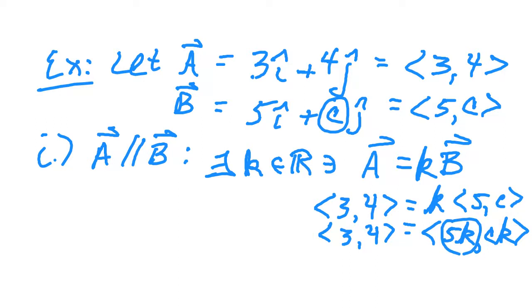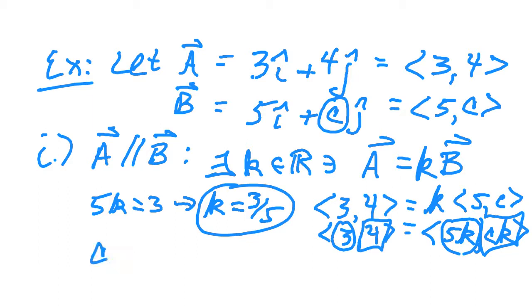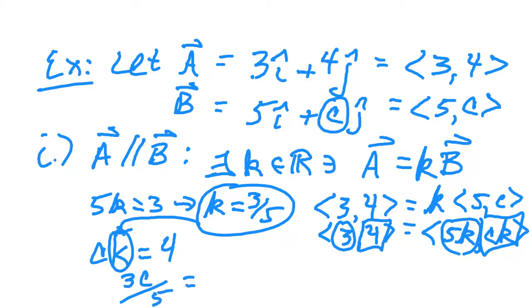So I've got that 5k equals 3. If 5k equals 3, then k equals 3/5. And I also have that ck equals 4, but we know what k is, so I can drop that in. So 3c over 5 equals 4, which implies that 3c equals 20, so c equals 20/3.